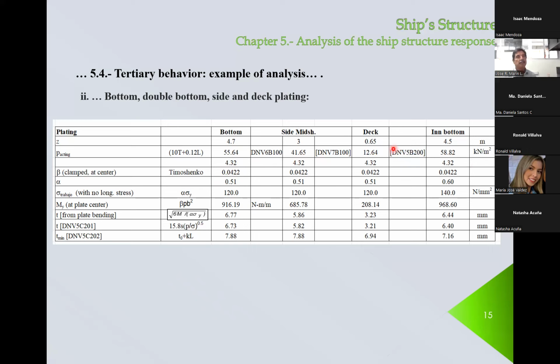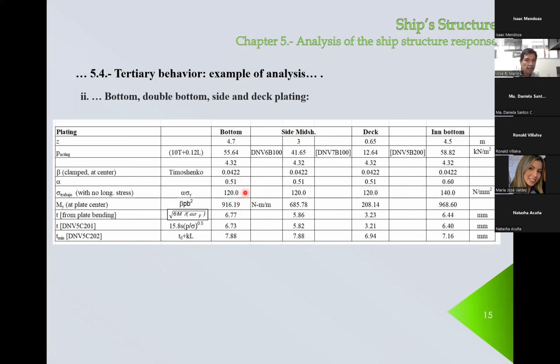So basically, this is 0.625 divided by 2.7. The value of the coefficient from Timoshenko. This is the ratio of 235, and this is the working stress according to the classification society. So you take 235 times 0.51, and that's the result.